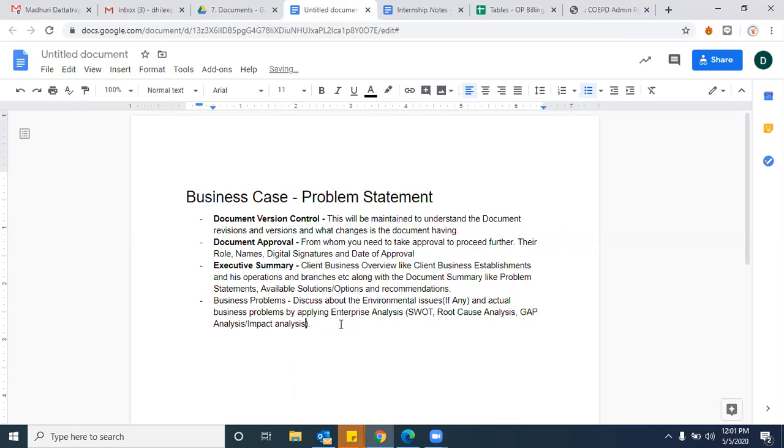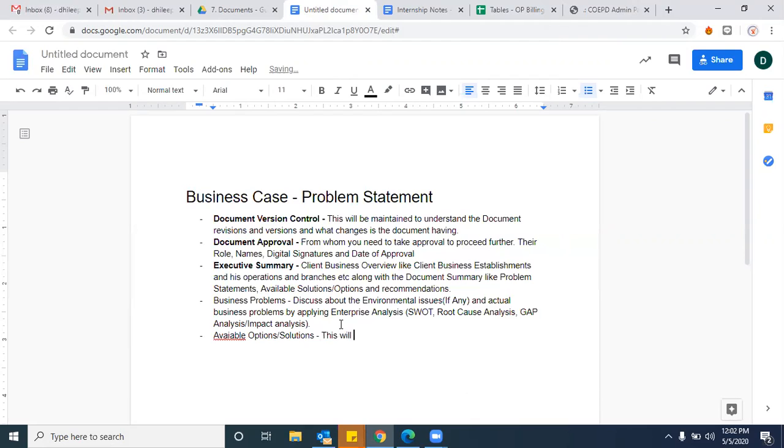Okay, so once the business problems are clear, from the environmental perspective and from the actual problems perspective, then to fix these environmental issues and the actual business problems, we should come up with multiple available solutions, right or wrong? So available options or solutions, I can say here.